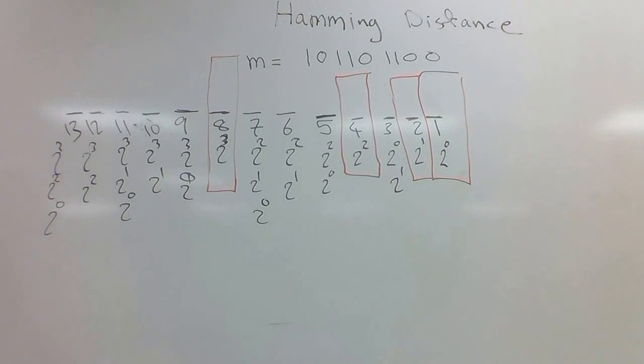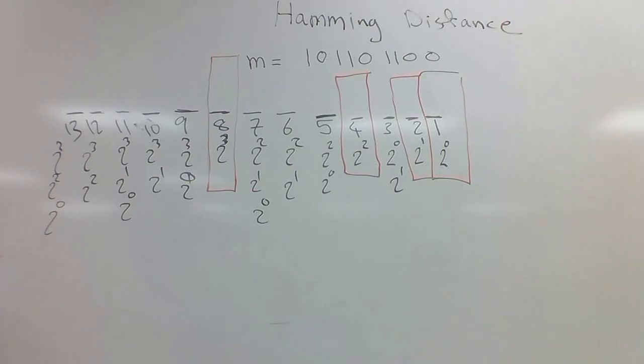So now if I gave you 10 bits, how many bits do you think the redundant bits are going to be? Without doing the equation. Same amount. 4. When will it be more? After 12.